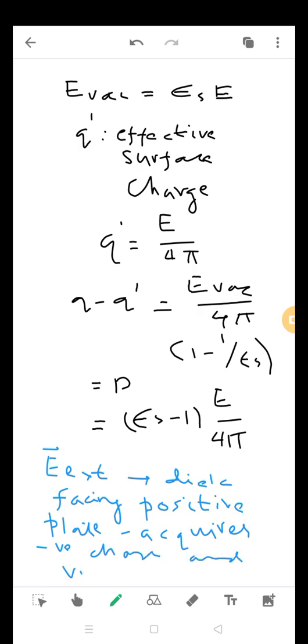That means the dielectric facing the negative plate acquires positive charge. So a sort of polarization is taking place. So this P vector is actually the polarization vector.